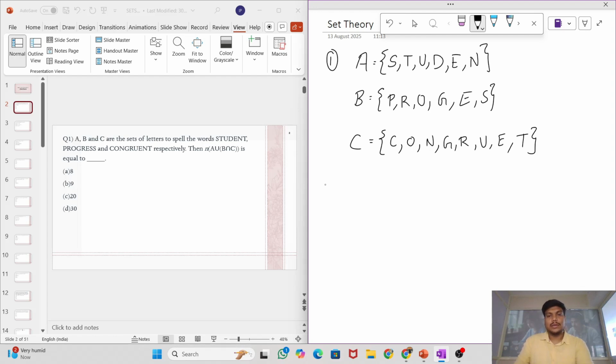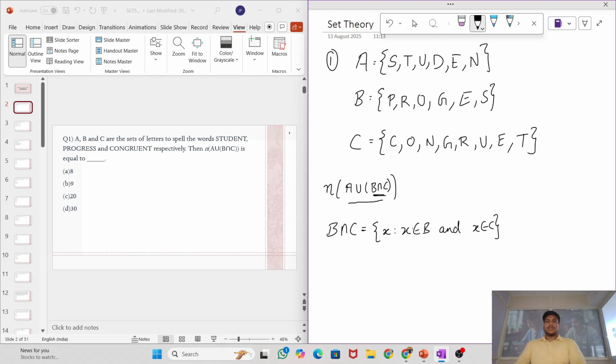Now we are supposed to find the number of elements in the portion A union B intersection C. Here we see that we are supposed to do first B intersection C and then take the union with A. So first let's try to do B intersection C. B intersection C means elements such that X belongs to B and X belongs to C. That means that we have to take the elements which are common in set B and set C. If we take a look here, P is not common in both of them.